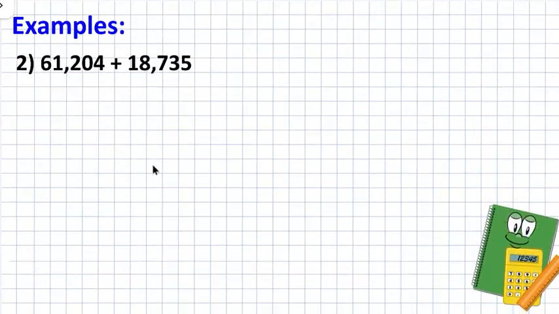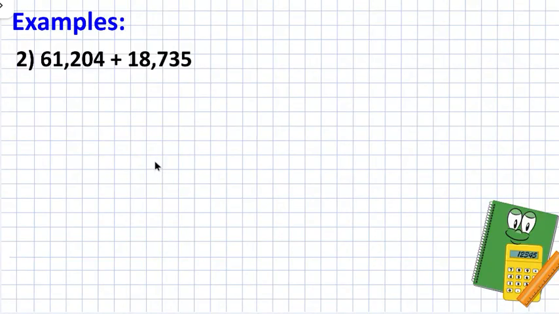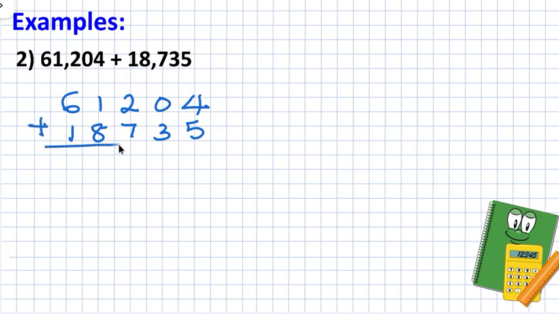So let's take a look at more examples. In example 2, we have 61,204 plus 18,735. All right, so let's add it column by column. Remember, you always start from the right.